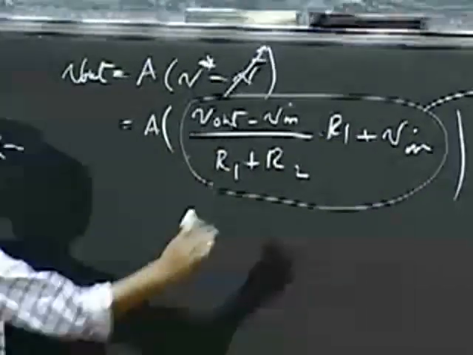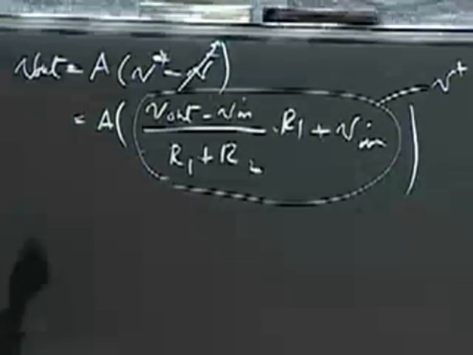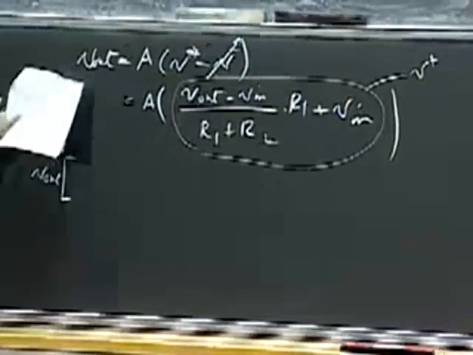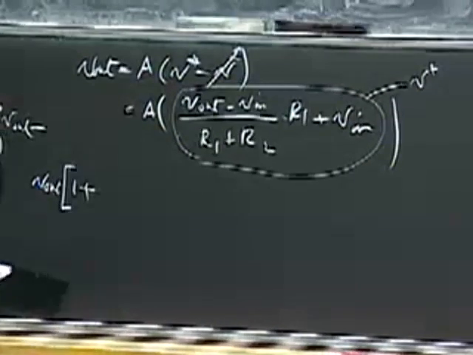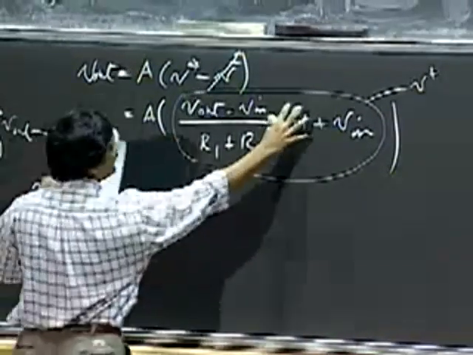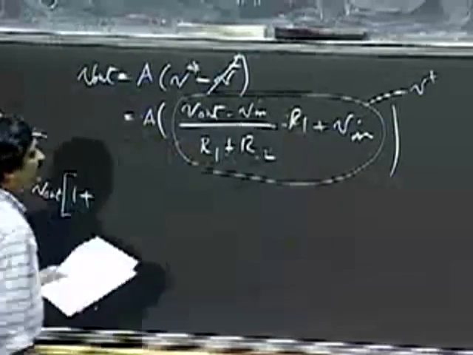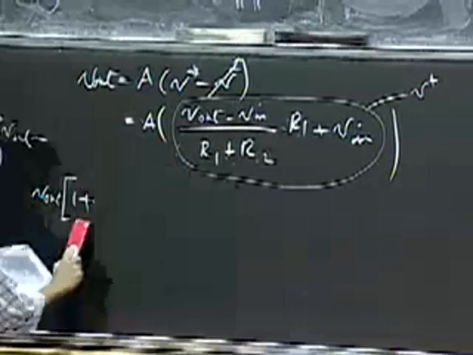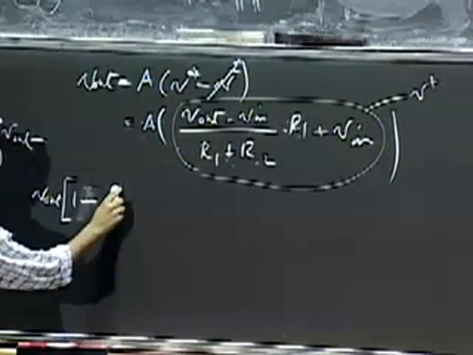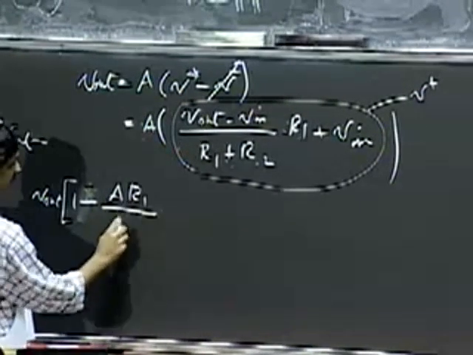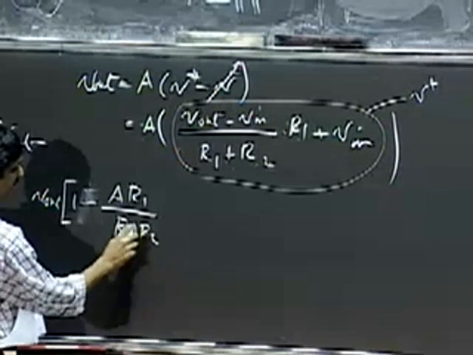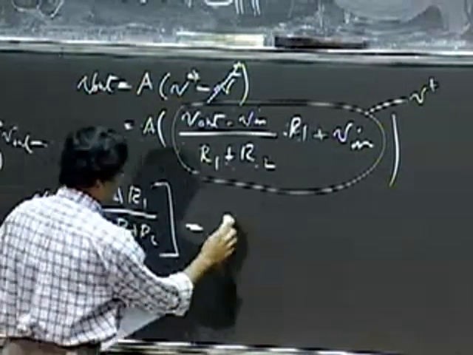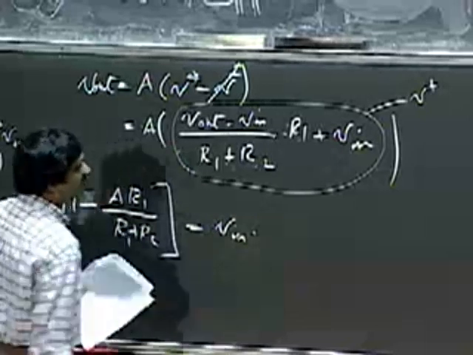Okay, so let me shuffle things around and put all the V out terms on this side here. So I get a 1 plus for that V out. And let me move A R1 divided by R1 plus R2 to the left-hand side. And I pick up a minus sign. So I get A R1 divided by R1 plus R2. And then right-hand side, I end up with V in.